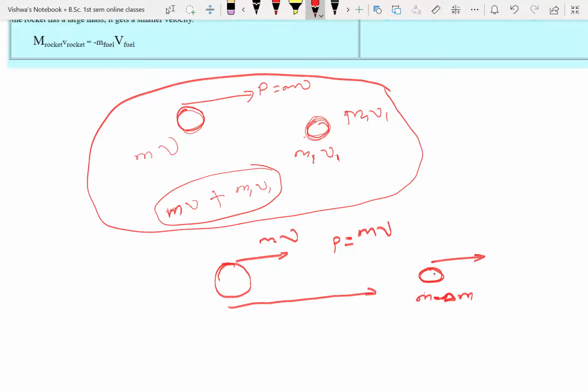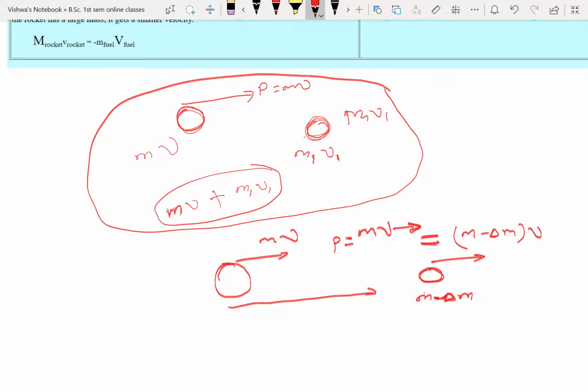The velocity is not v, because according to the law of conservation of momentum, the momentum remains constant. If you take this as m minus delta m into v, these two factors are not equal. To maintain constant, if one variable decreases, another should increase.